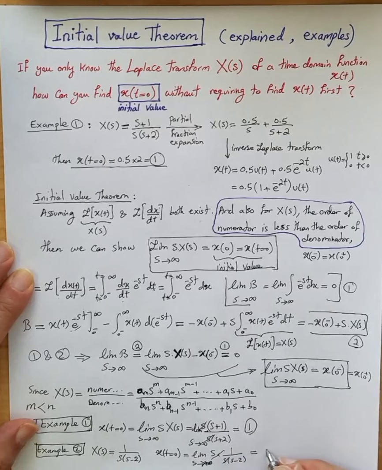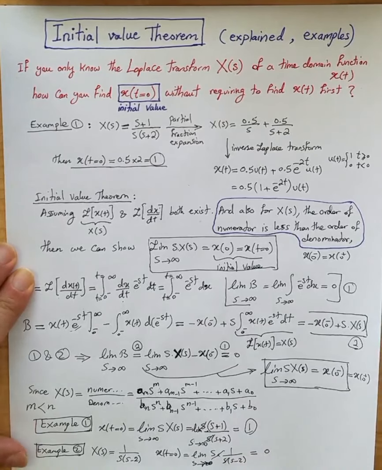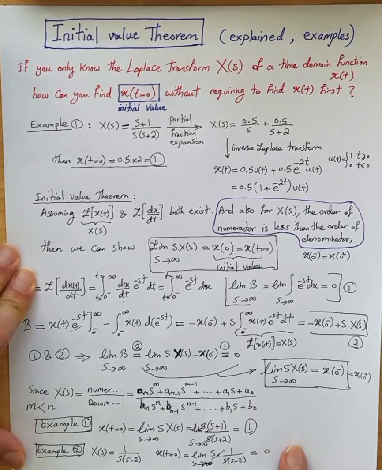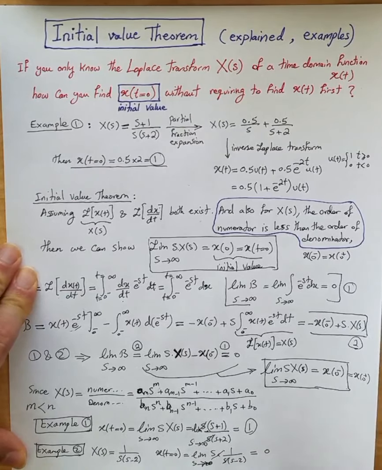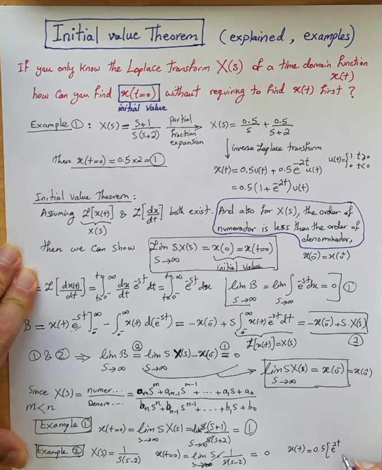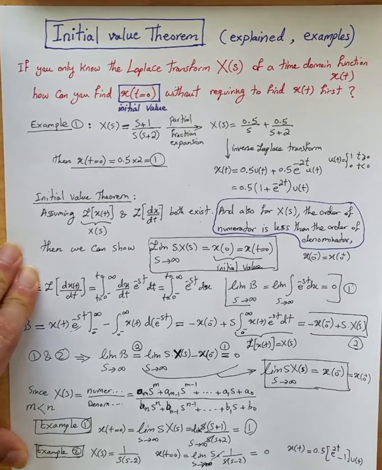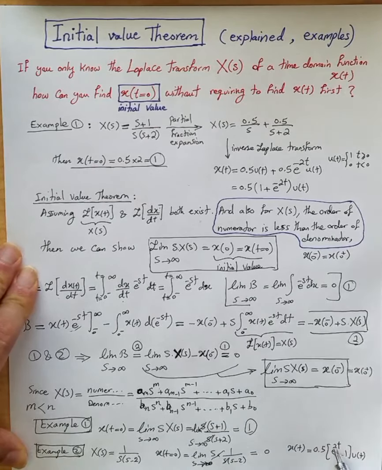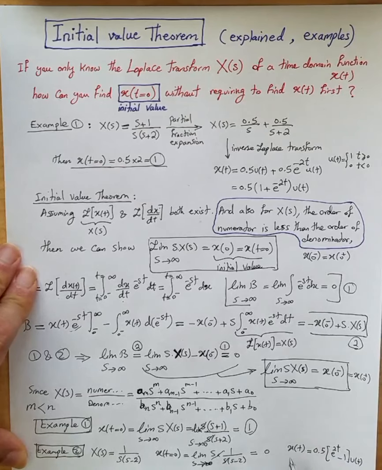So it becomes 0. Basically, this function at time 0 has a value of 0, and you can actually see, if you want to double check, the time domain equivalent of this second example function is 0.5 times e to the 2t minus 1, times u of t. So at time 0, this component is 1, 1 minus 1 is 0, x of 0 becomes 0.